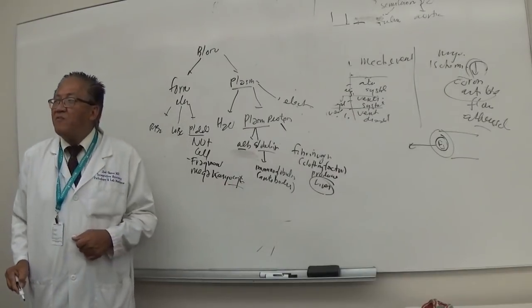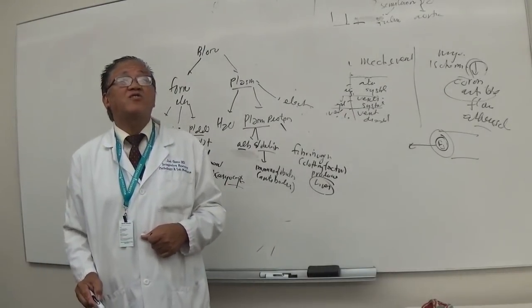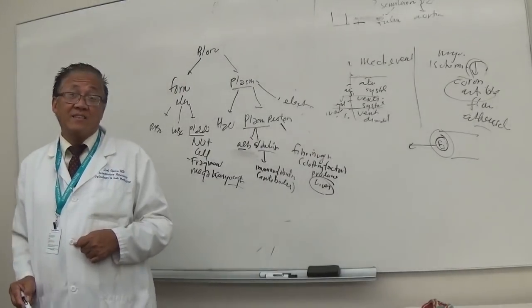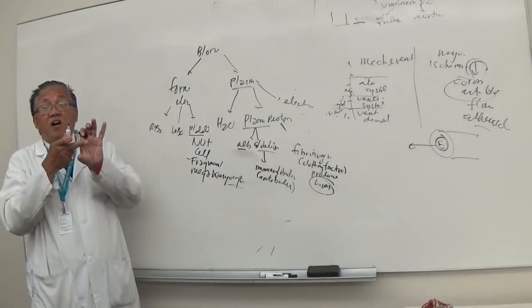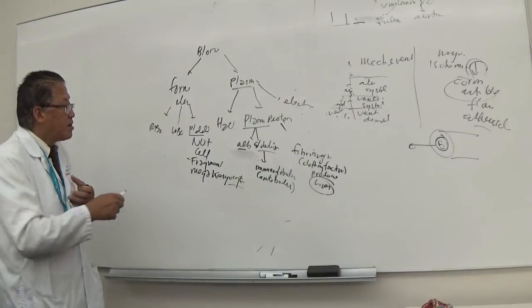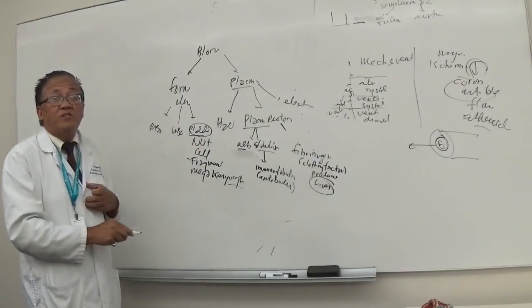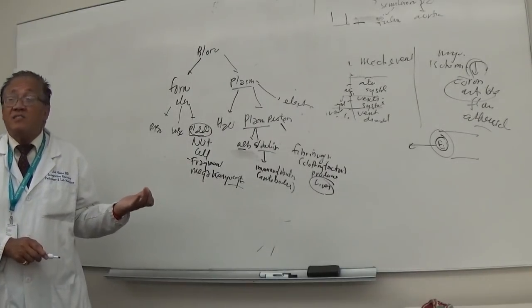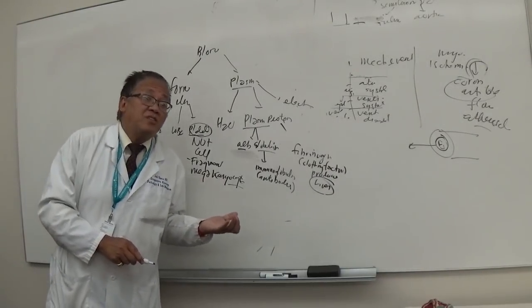There's a reason why we used to call the platelets thrombocytes. What does thrombos mean? Clot. A stationary clot attached to the wall of the arteries, like when you have coronary thrombosis. So we no longer use the word thrombocyte because cyte means cell, but the platelet is not a cell. It's rather a fragment of a cell.